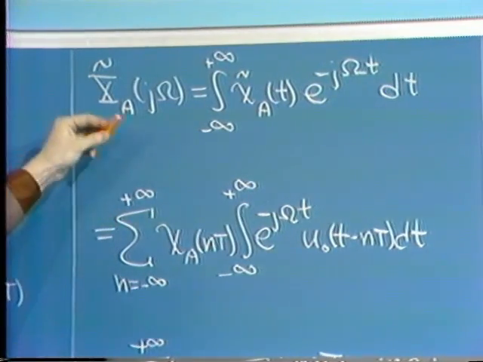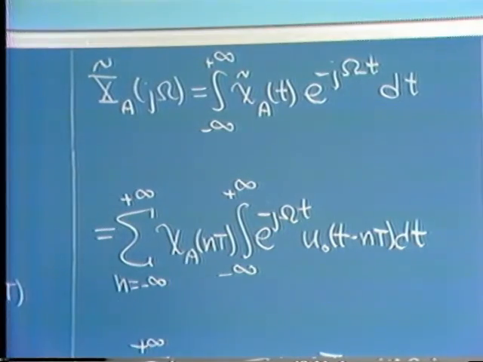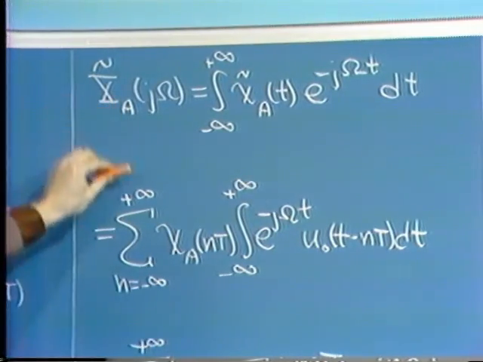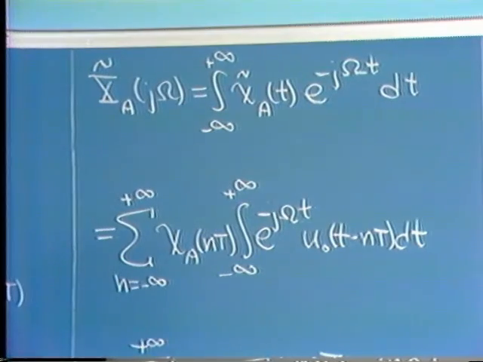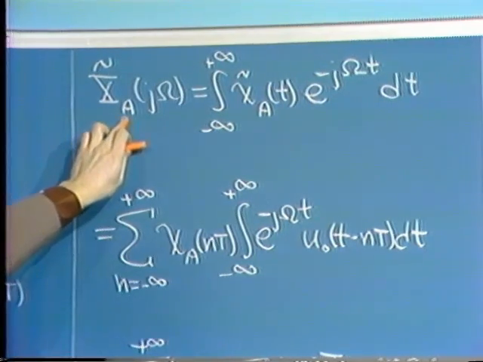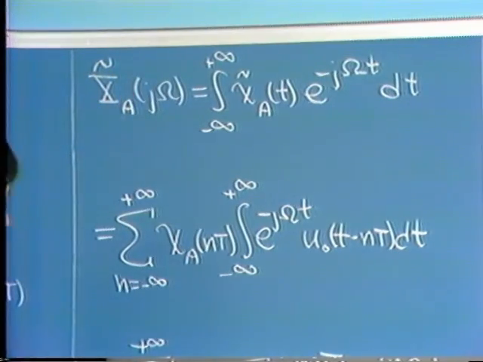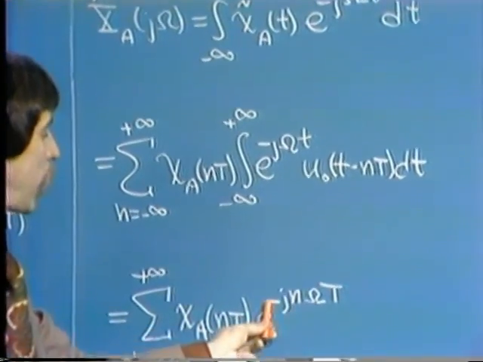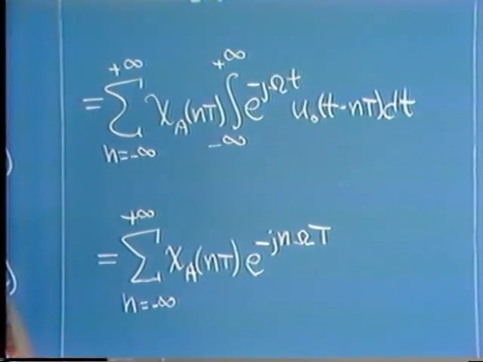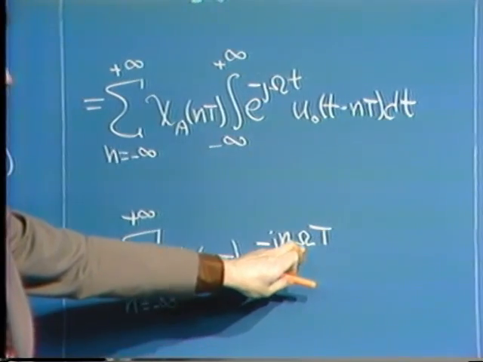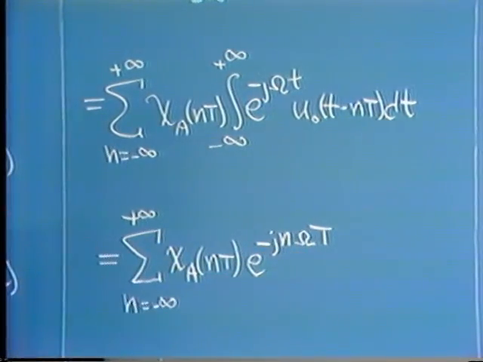And I think you can verify in a very straightforward way that what you end up with is an expression for the Fourier transform at the output of the sampler as given by the sampling values times e to the minus j n capital omega T. Capital omega is a continuous frequency variable.